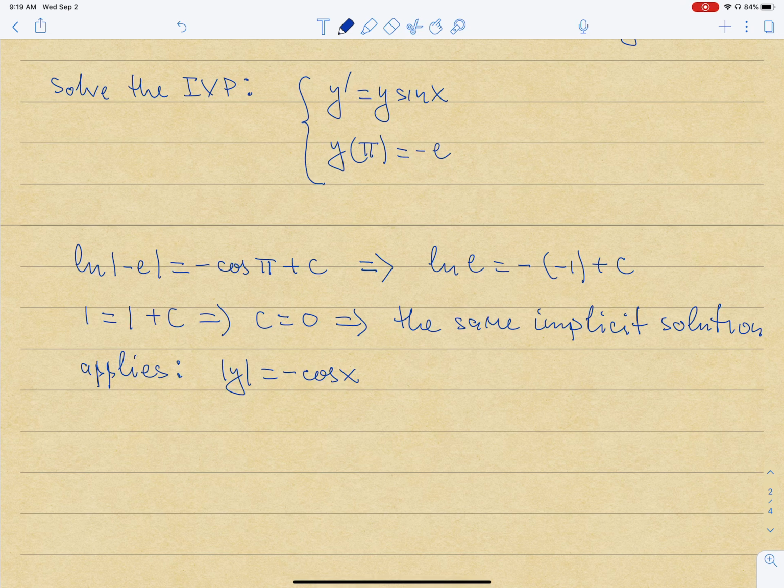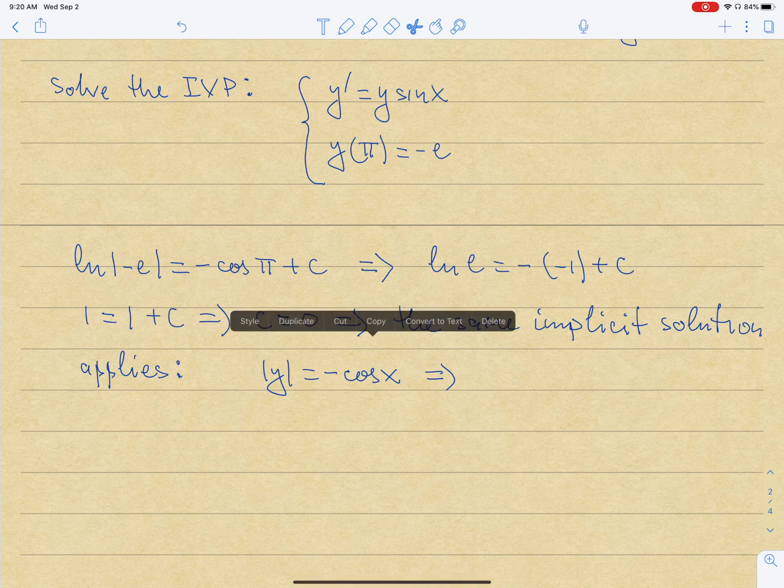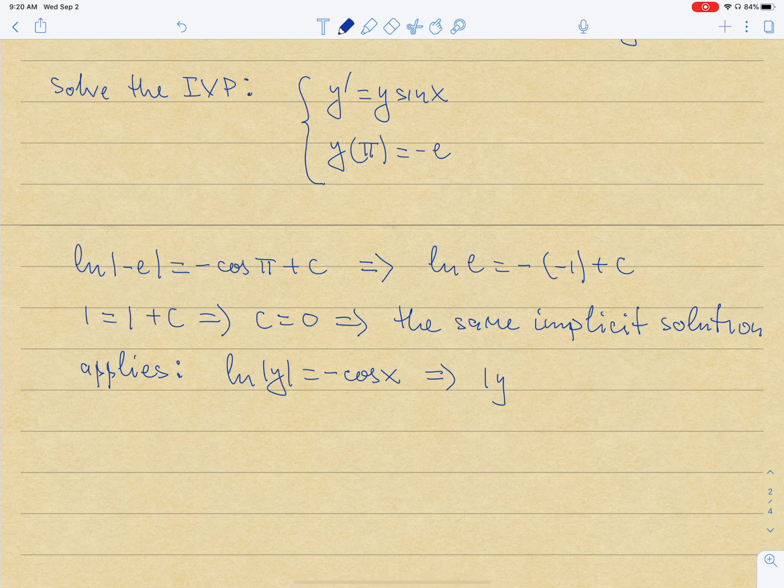Well, again, if I want to find the explicit solution, I can follow the same route. So exponentiate both sides. So that means that absolute value of y is e to the minus cosine of x.